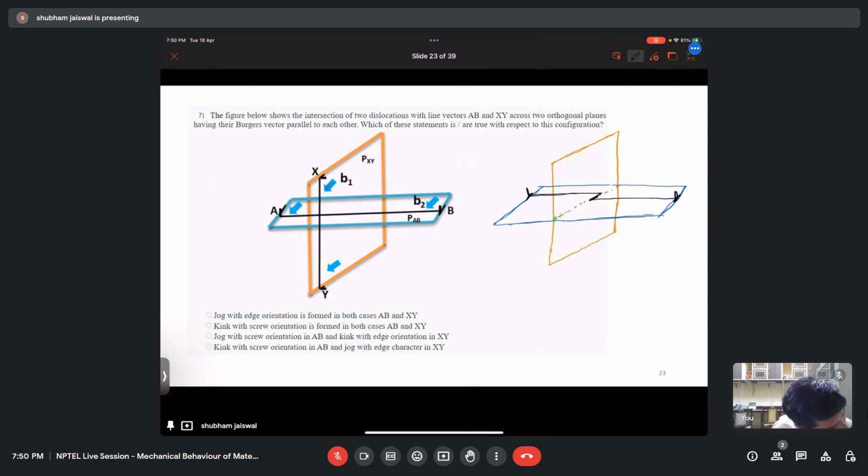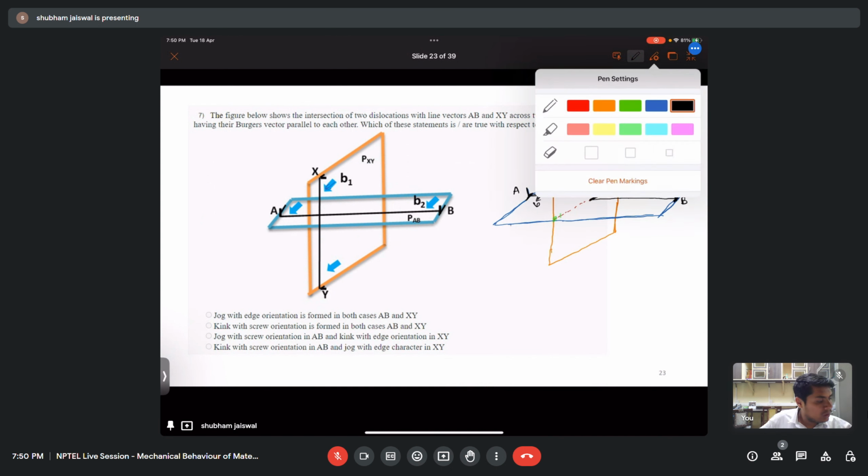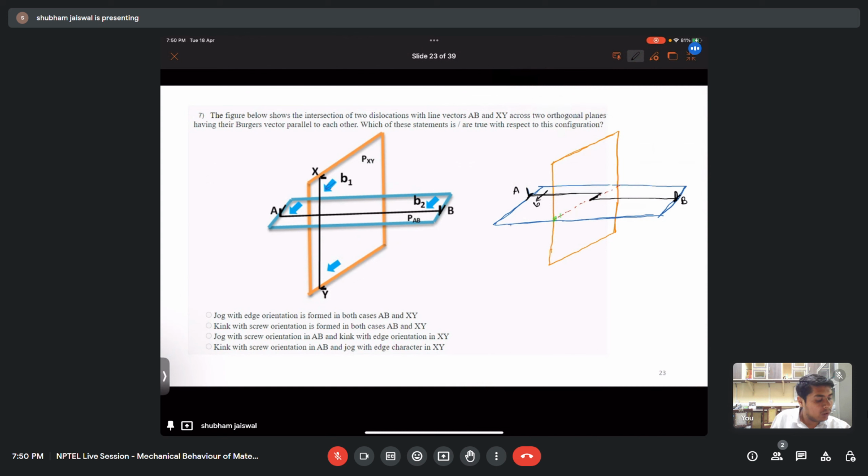So this is our AB dislocation, and this is the direction of Burgers vector. Okay, so now similarly, in case of dislocation XY, the AB will create a step in XY in the direction of B2. So let's say this is my dislocation XY.